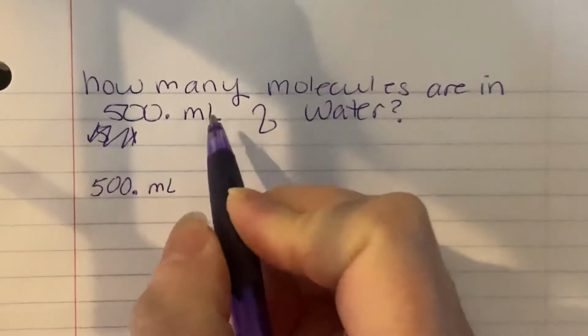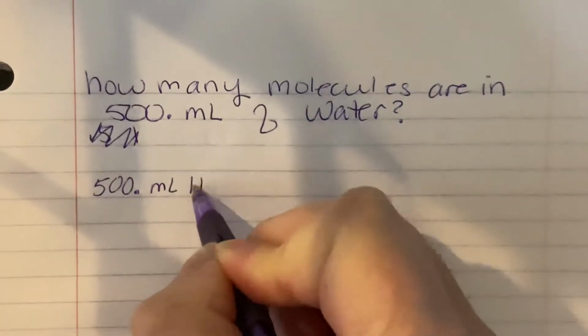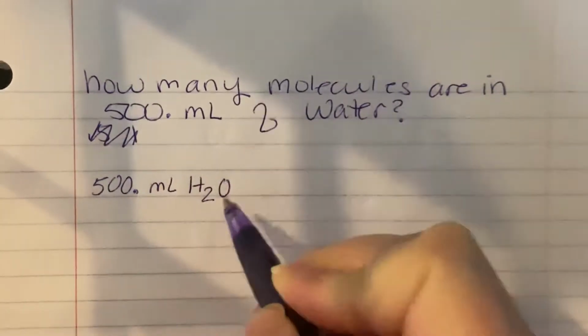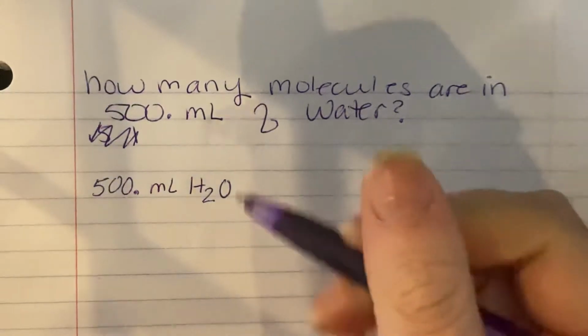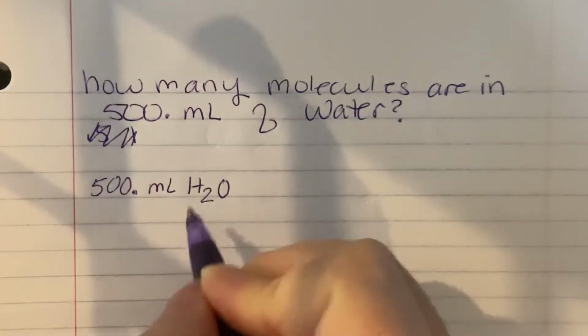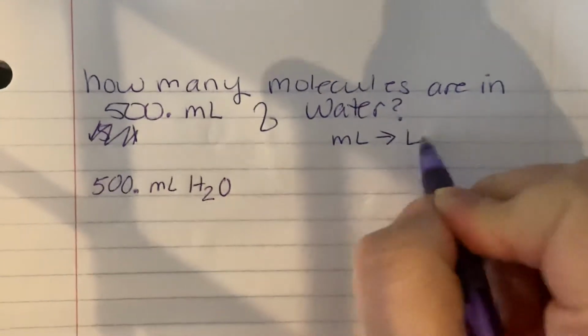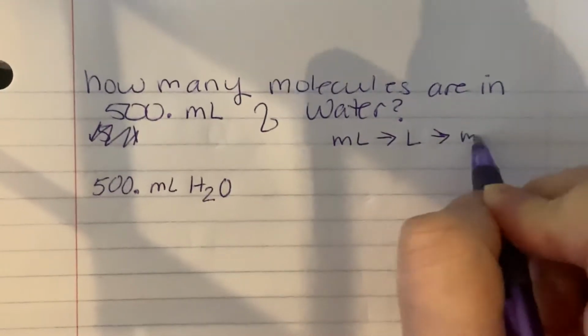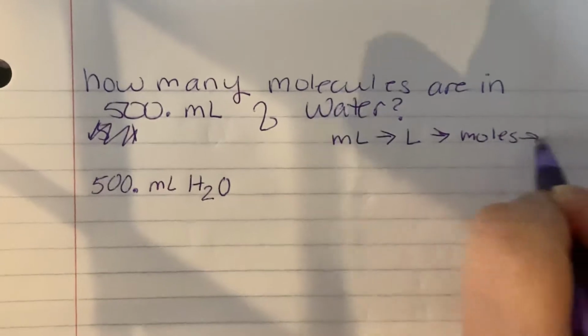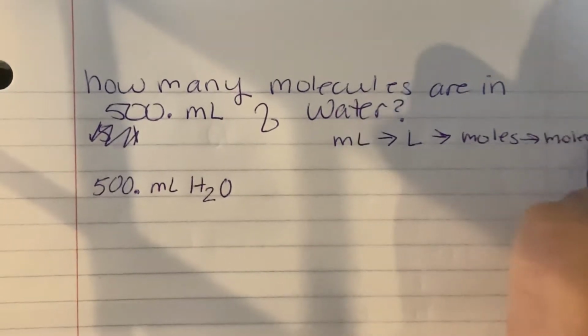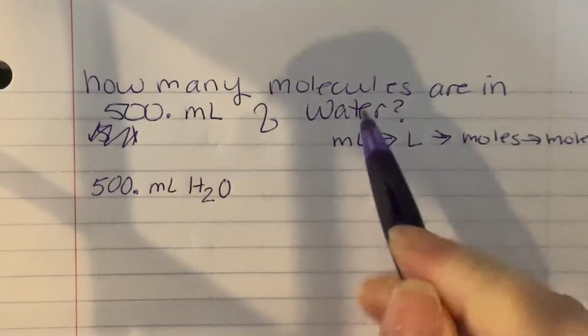500 milliliters of water. Now you know water is H2O, so you're going to write H2O. And now where do I have to go? I'm going to have to go from milliliters to liters to moles to molecules. Right?